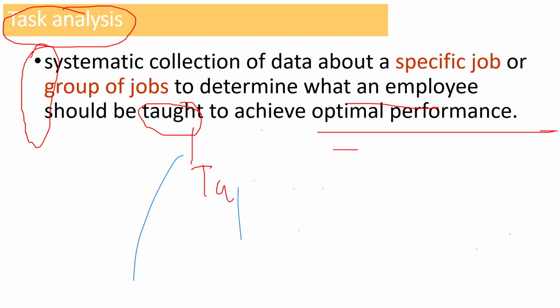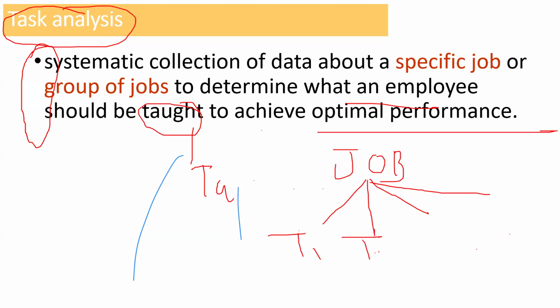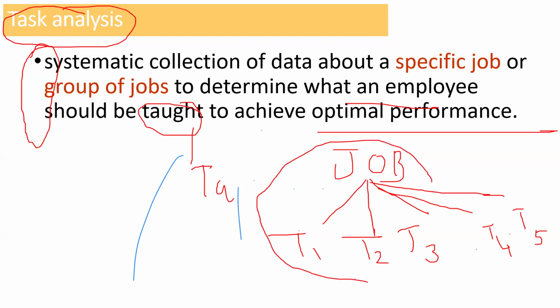For example, for a job, we have different tasks, right? Task 1, task 2, task 3, likewise task 4, and many tasks. And suppose these are the tasks given in the job description. In the need assessment task analysis, you identify some more tasks that need to be added.